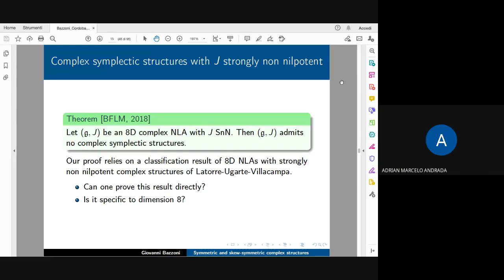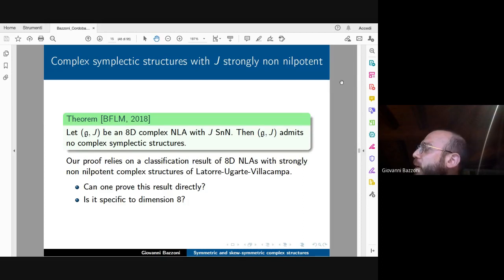Giovanni, one question. Is an abelian complex structure nilpotent, quasi-nilpotent? Does it have some relation with this? I don't remember, because abelian is that J of x, J of y is xy, right? Yes. Let me think. I'm not sure. I don't want to say anything because I'm not so sure.